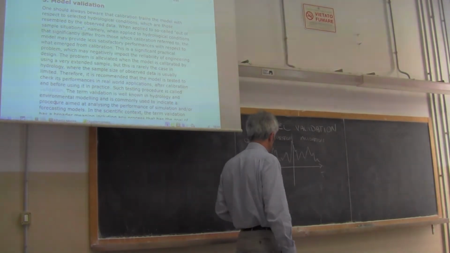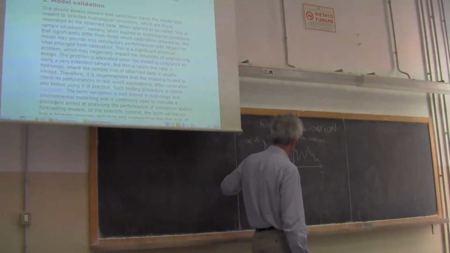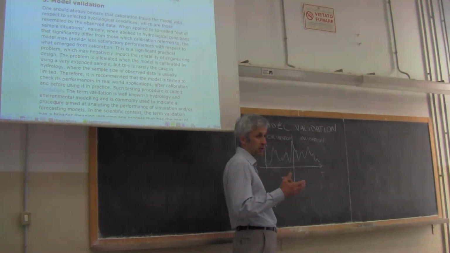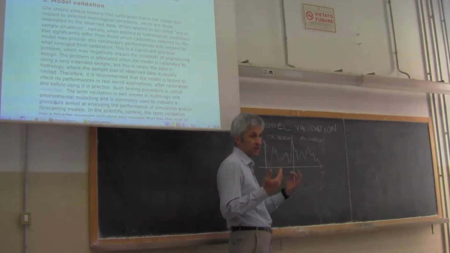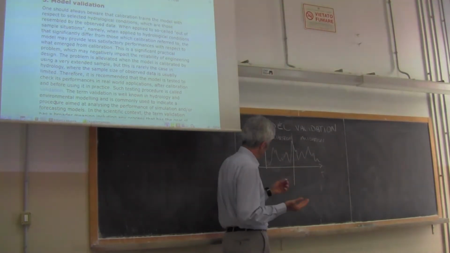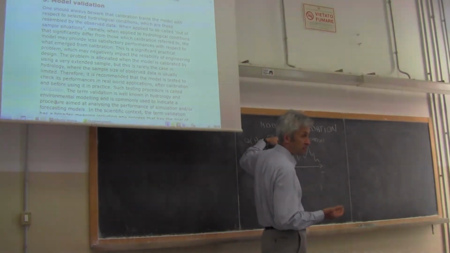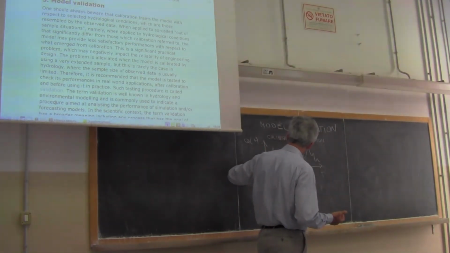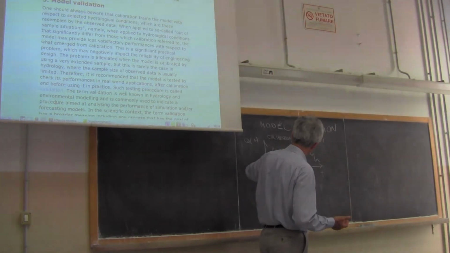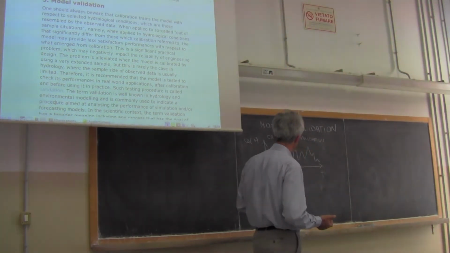So basically, by using our optimal calibration, in whatever way we got it, we simulate the first part of the hydrograph, and we get something, a dashed line here.